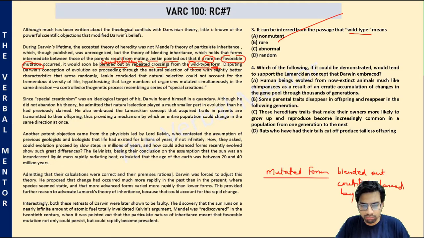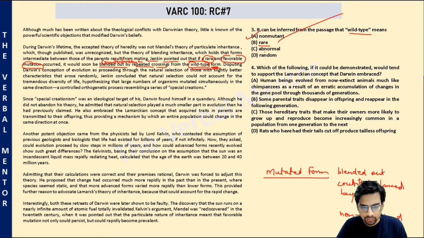A mutated form can only be counterbalanced by repeated interaction with a non-mutated form. Only then can it be balanced out or blended out by non-mutated forms. That has to be our answer. Option A is the answer. Please note, if it is crossbreeding with another rare mutation, then we have two rare mutations. There's no blending happening here. Okay.